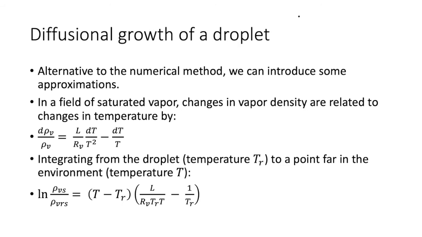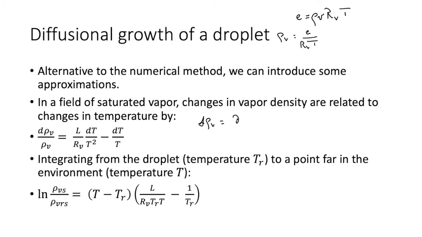Now remember that E equals rho V RV T, and so rho V is E over RV T. If you want to compute d rho V, because both of these can vary, you have to vary both.